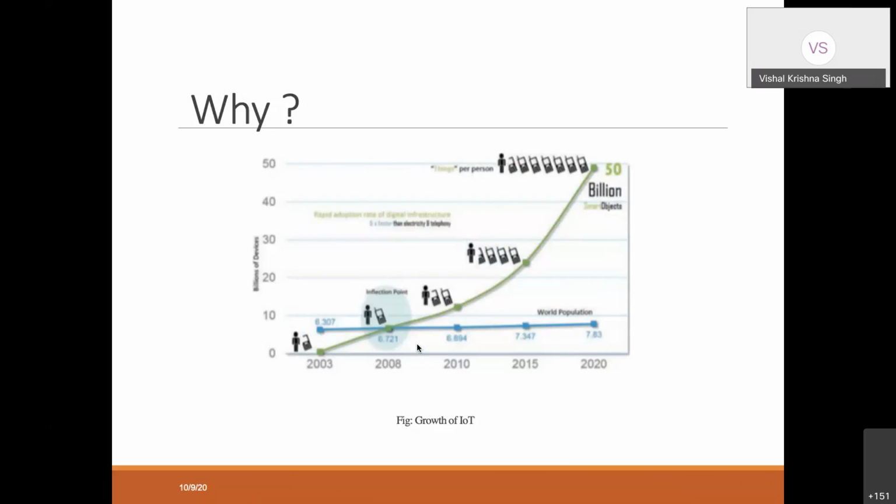So the very natural question which arises is: what technologies have made the IoT possible? Why now? Why is IoT becoming a popular concept as of now?